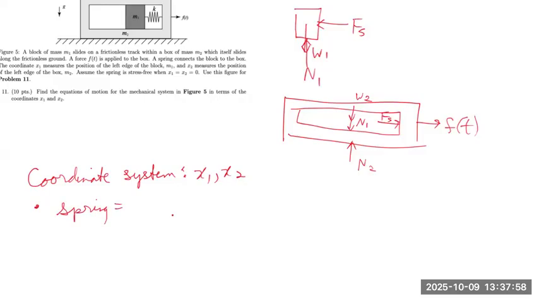According to the force-motion relationship, Fs is equal to k times x1 minus x2.